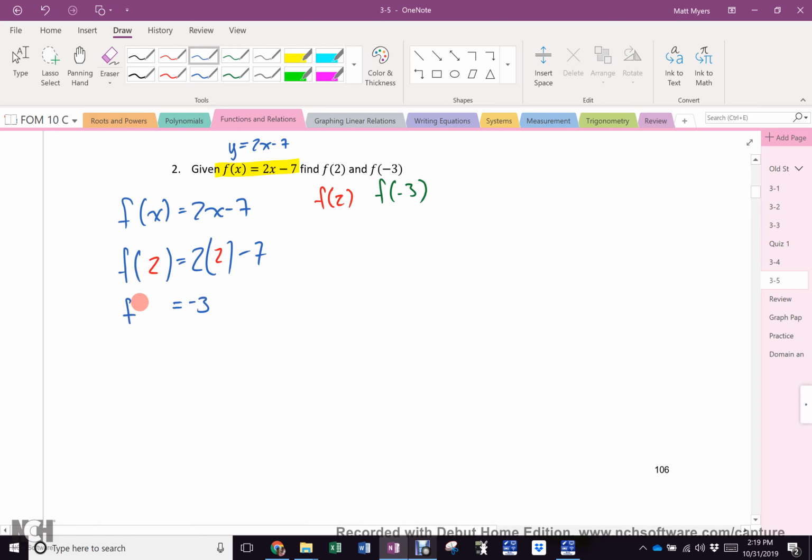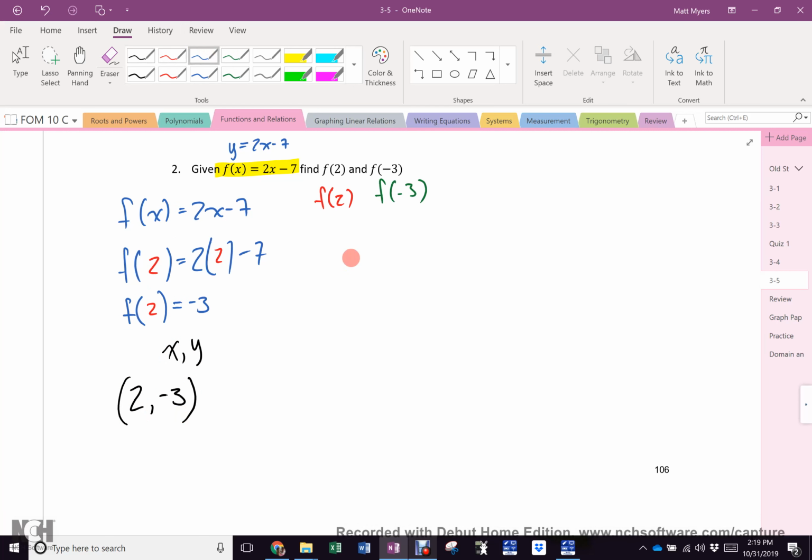So the f of 2 is negative 3, yes? So what is the ordered pair that would go on a graph? What is the xy value? 2, negative 3. Is everybody cool?